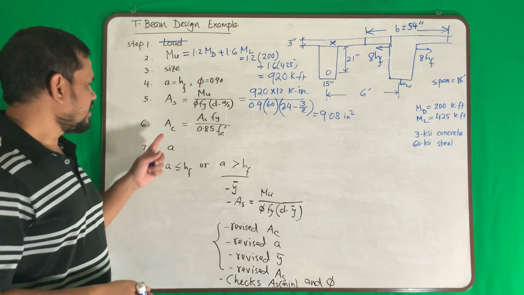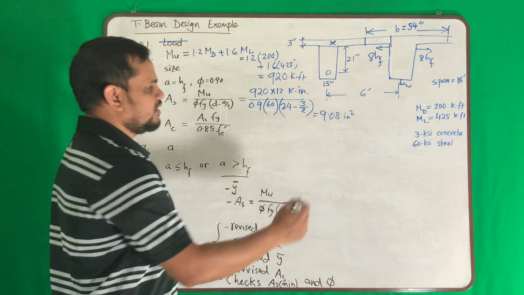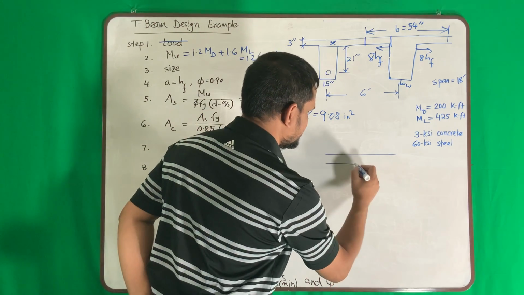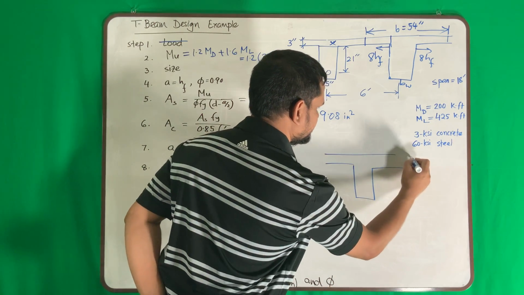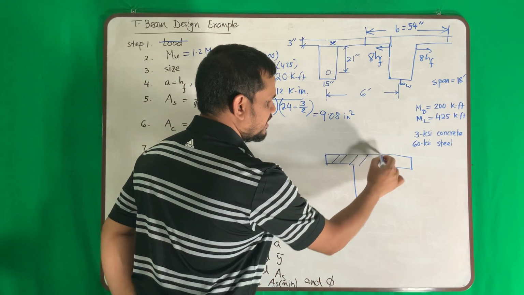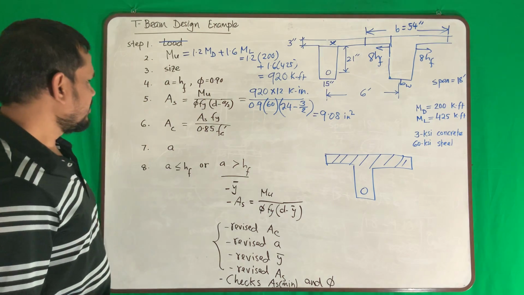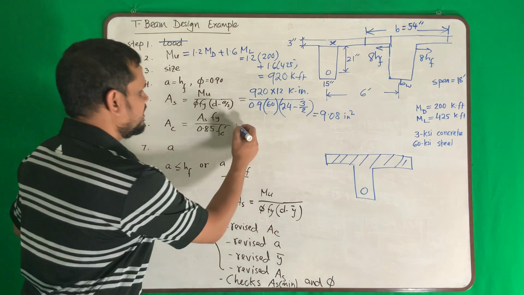Then we will calculate our compression area in concrete. That means if I draw this T-beam, what is my compression area? We will calculate this. How to calculate? The equation is given here.